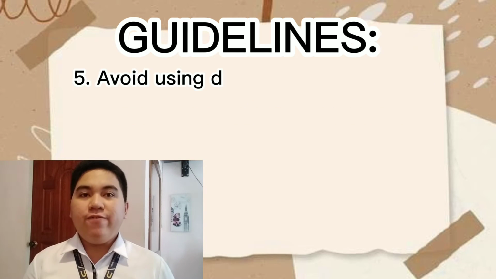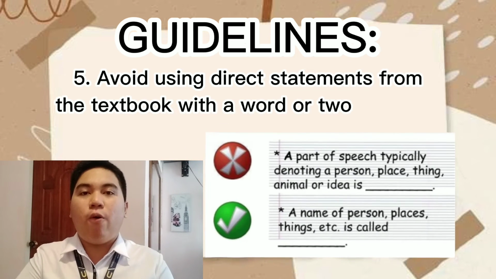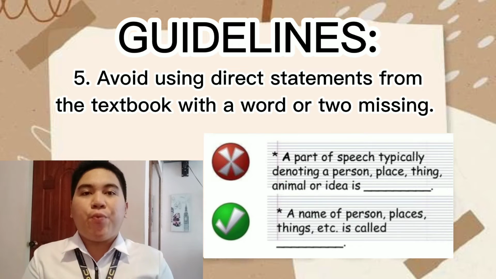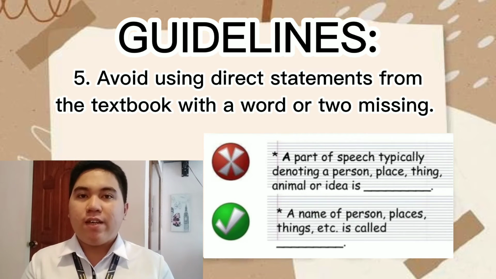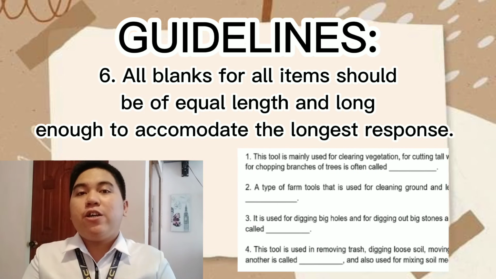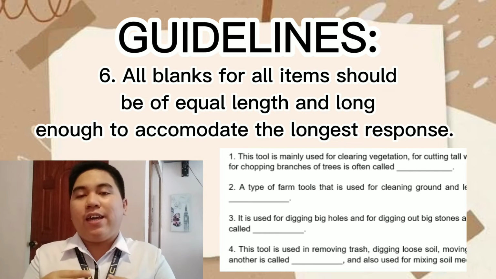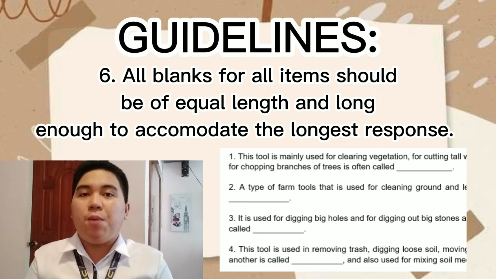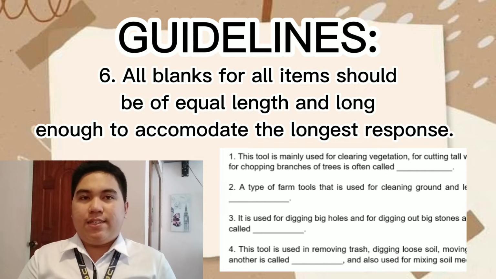For number 5, we should make sure to avoid using direct statements from the textbook with a word or 2 missing. And lastly, all blanks for all items should be of equal length and long enough to accommodate the longest response.